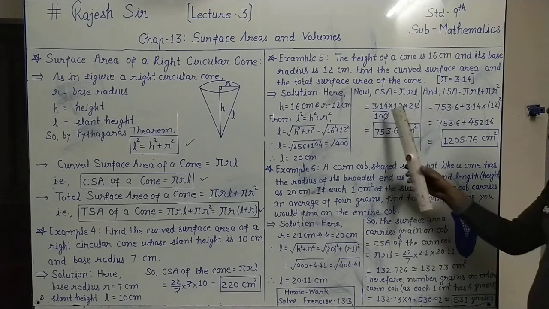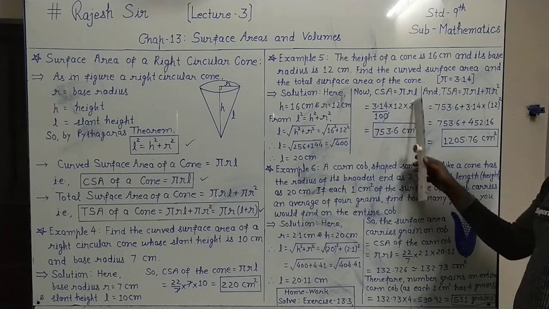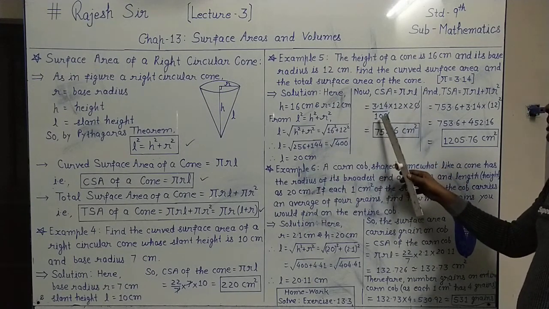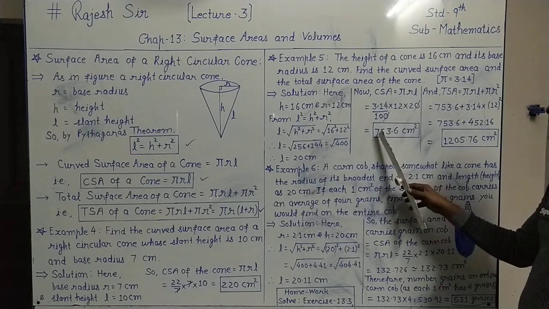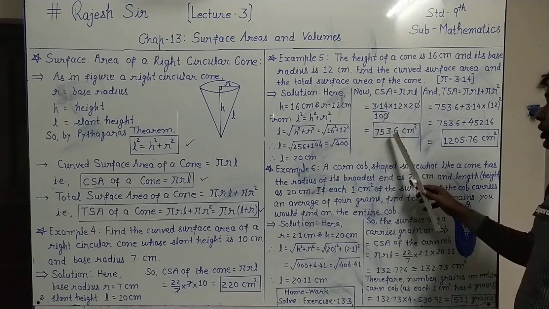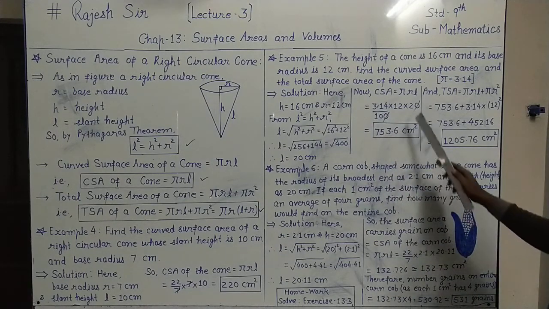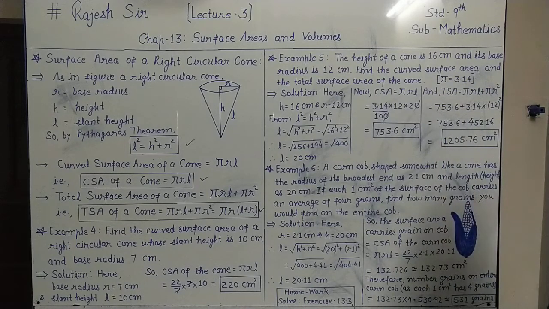Then multiply 314 into 2 into 12. When you multiply, you get 7536, and because of the 10 in the denominator, the point will be here. So it is 753.6 centimeter square, the curved surface area of this cone. The first answer we get.